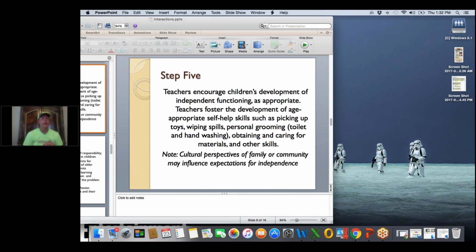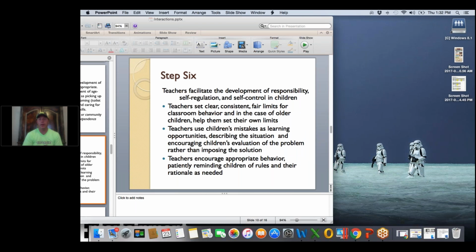All right. Tip 6 right here is that teachers facilitate the development of responsibility, self-regulation, and self-control in children. So again, I'm going to go back to a comment that I made a minute ago, that children must be seen different before they can act different. You've got to have that positive intent.